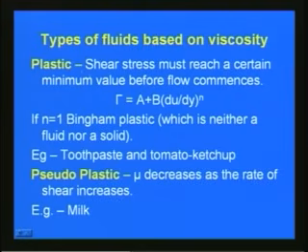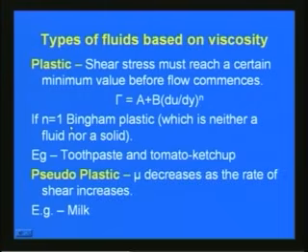Now, we will classify various liquids, say a plastic fluid. In the case of a plastic fluid, the shear stress must reach a certain minimum value before flow commences, so that we can write the shear stress tau is equal to A plus B into du by dy to the power n, where A, B and n are constants.